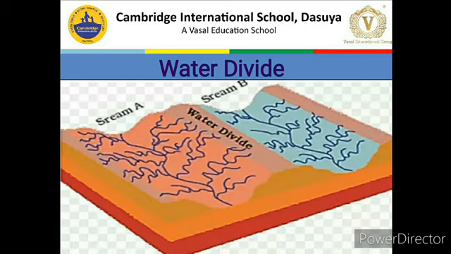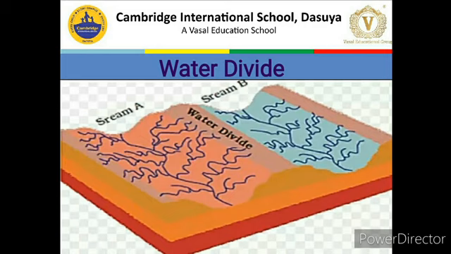So it can be a mountain, right? It can be any upland. Therefore, any upland or mountain or any other relief feature that separates two rivers is called water divide.